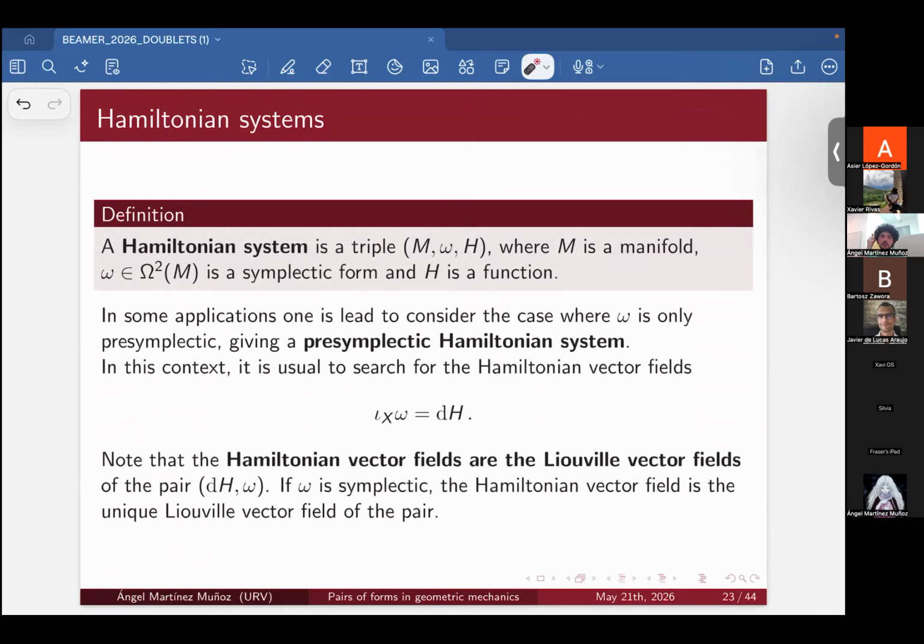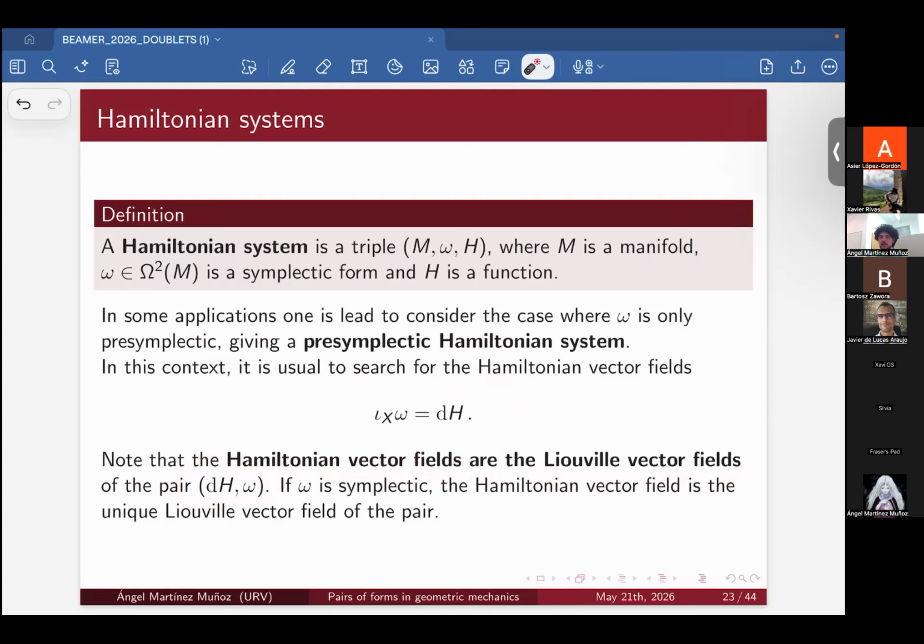That's what you find, for example, when you consider singular Lagrangians, you get a presymplectic form. And then the interesting thing is that when you're considering these systems, normally you're interested in the dynamics. You're considering Hamiltonian systems, and you're interested in the Hamiltonian vector field, which is the vector field that you get from this equation. But if you now put the lenses of doublets of what I've been explaining to you, then the Hamiltonian vector fields can be thought of as the Liouville vector fields of this pair right here.